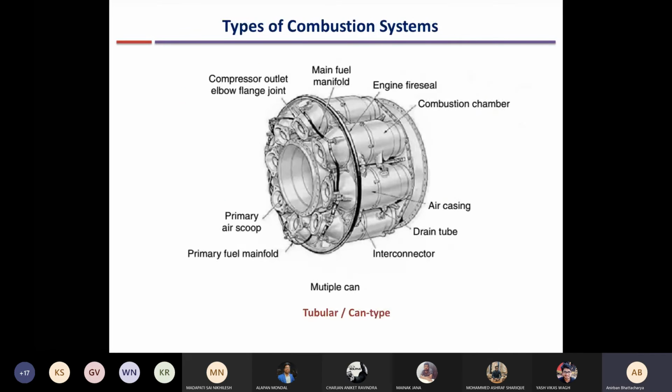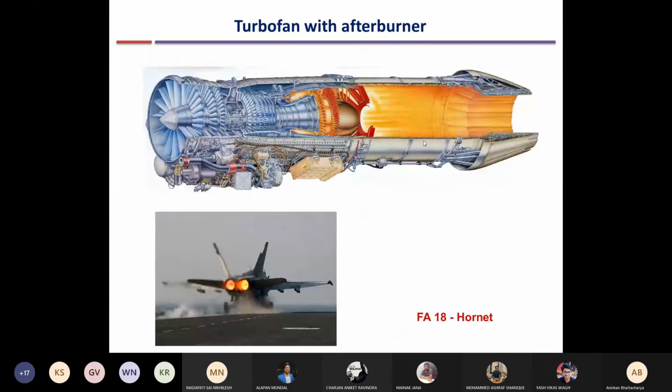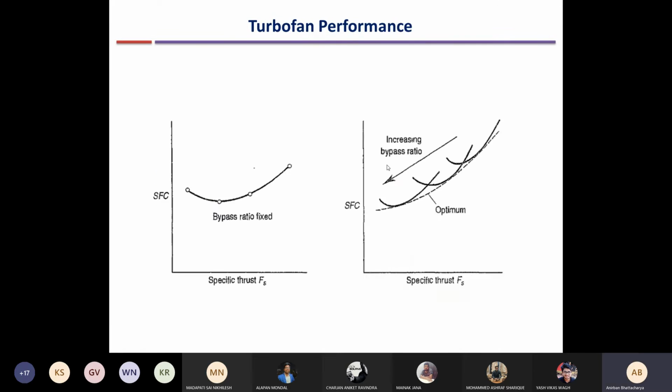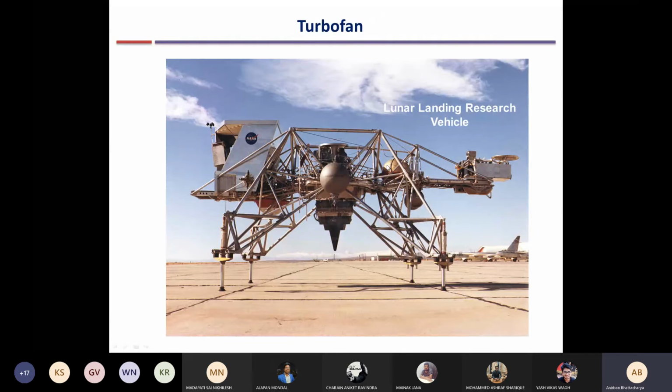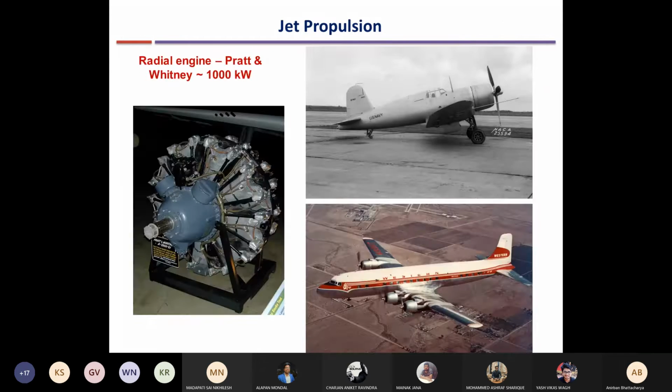Let me just give a reference to... where is any picture? Let me see.